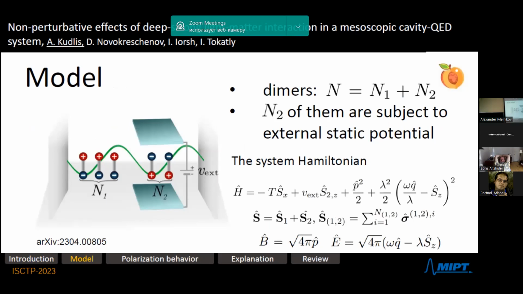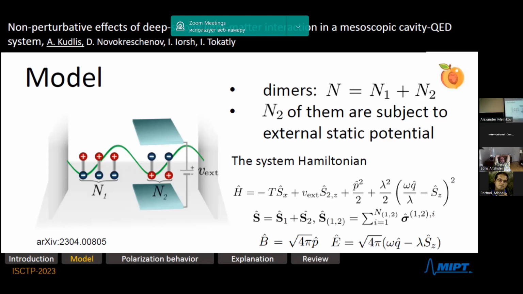And we start to vary this external potential applied, in our case, to the second group of dimers. All of them are identical to each other, but they do not interact with each other, without any overlapping.